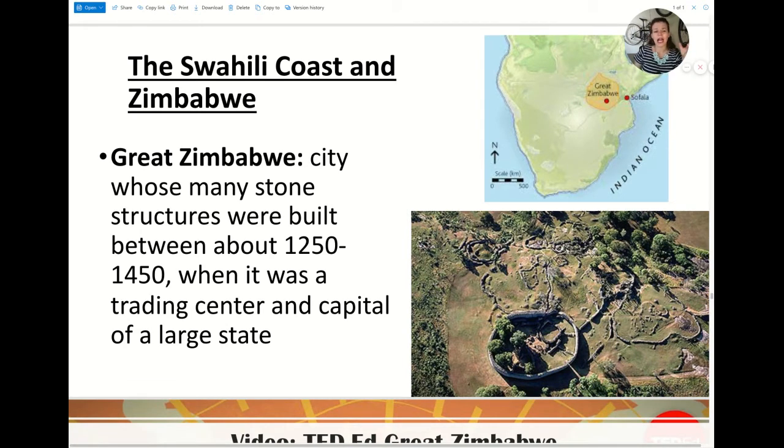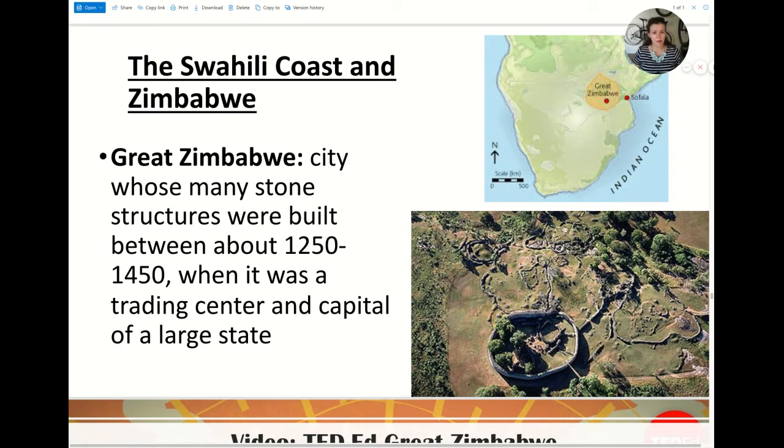So it is now in ruins and within the modern country of Zimbabwe. The Empire of Zimbabwe was directly involved with Indian Ocean trade, unlike some of our other African kingdoms like Ghana, Mali, and the Songhai. So we know this based on the archaeological evidence that they have and records.